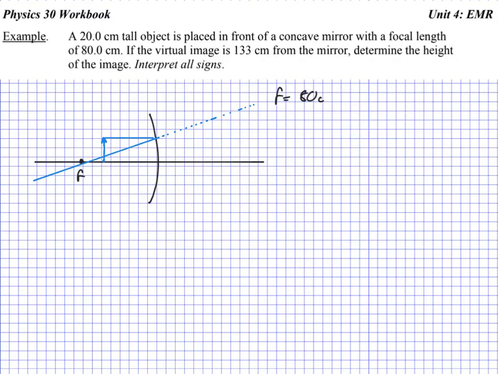Now let's go ahead and do the central ray, this time coming back through the complete inverted opposite position that the object would be in if it was upside down. So this time it's going here, and then it's going to reflect back through this dot.